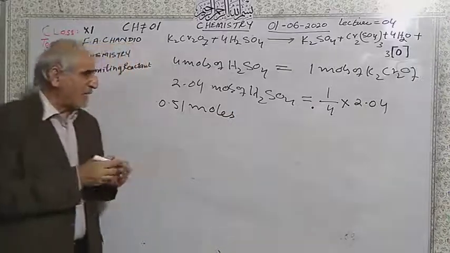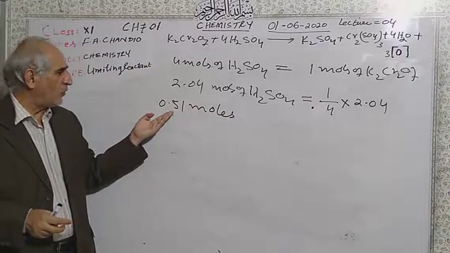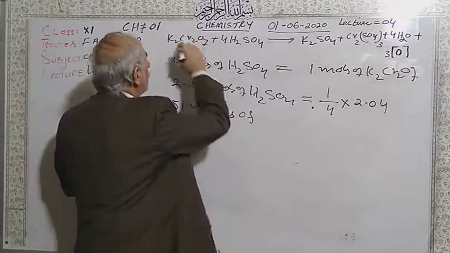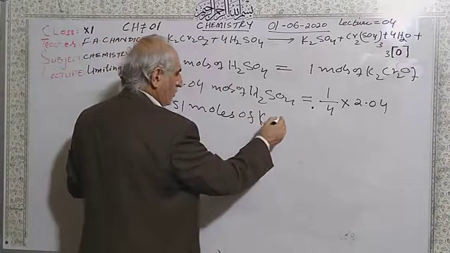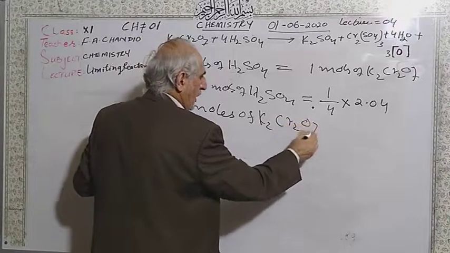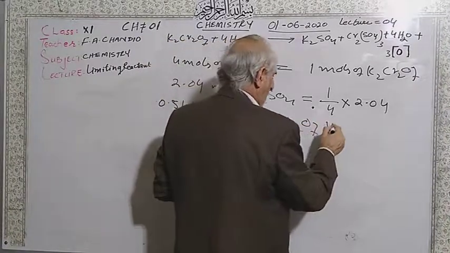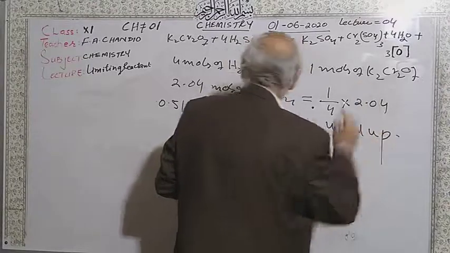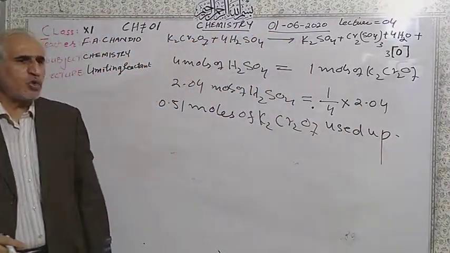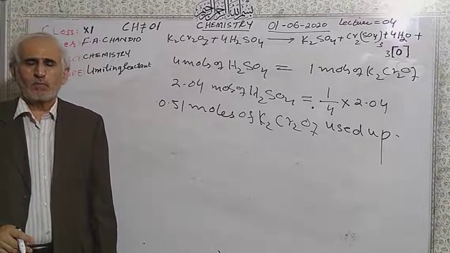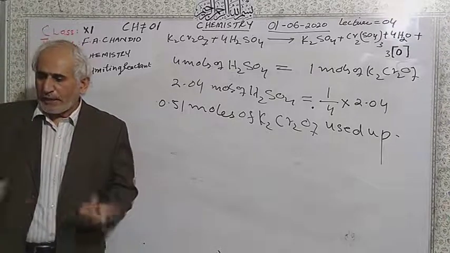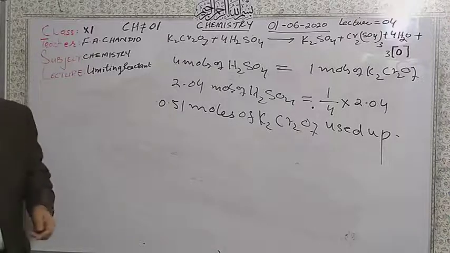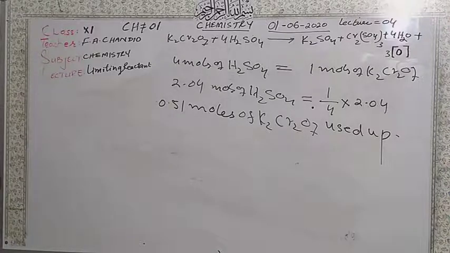Now, dear students, these 0.51 moles of potassium dichromate are used up. So how many grams? The molar mass of potassium dichromate is 294.